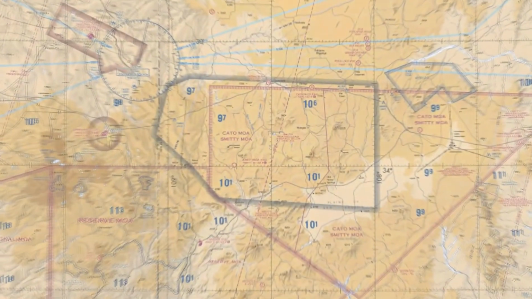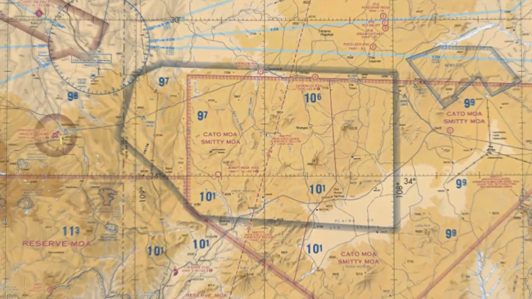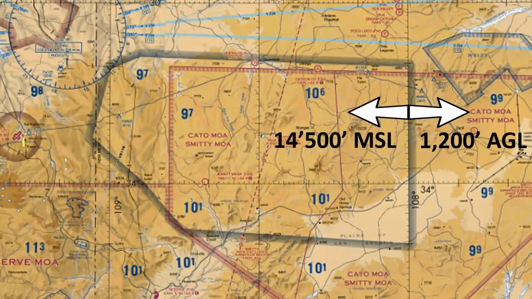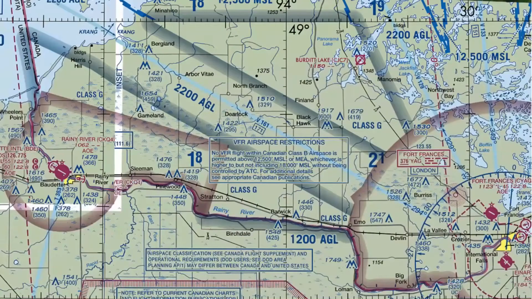Wherever you see a blue vignette, inside this vignette, the Class G extends up to 14,500 feet MSL. Due to advancements in technology such as better radar and GPS navigation, there are very few of these areas left. In non-standard areas where Class G extends higher than 1,200 feet AGL but does not reach 14,500 feet, the airspace is depicted like this and will have a corresponding altitude annotated.